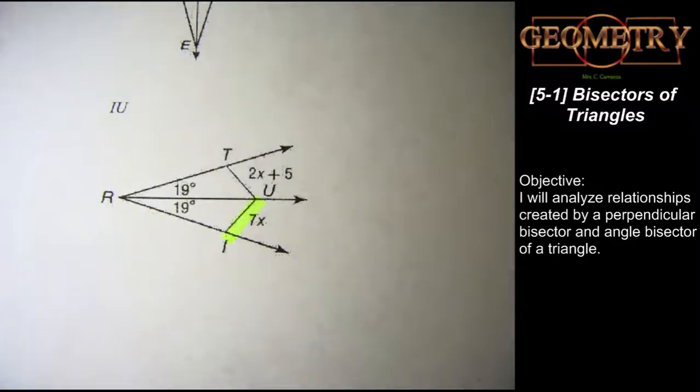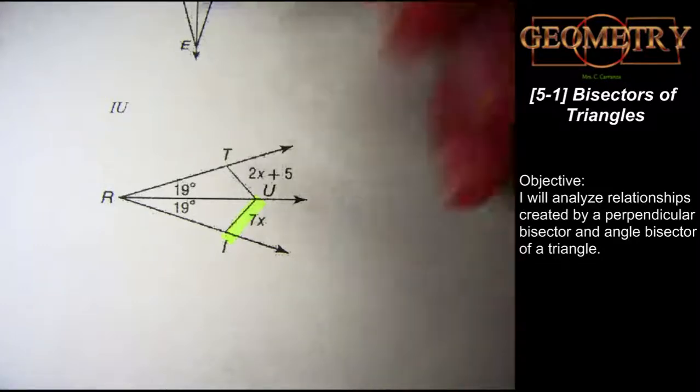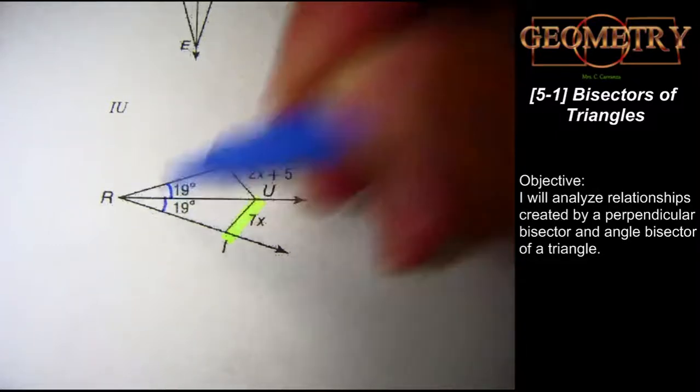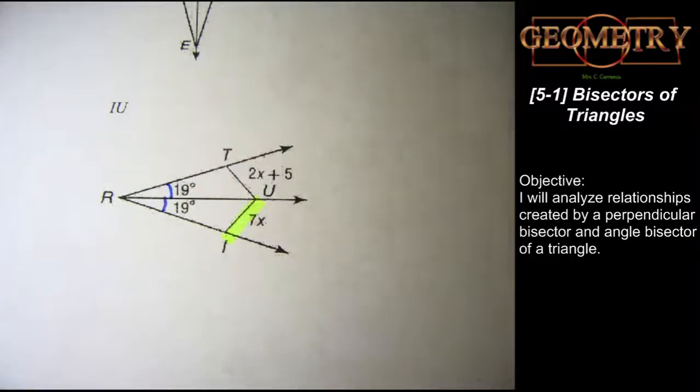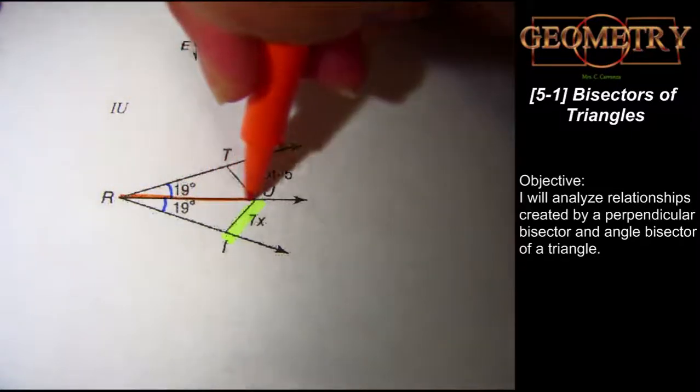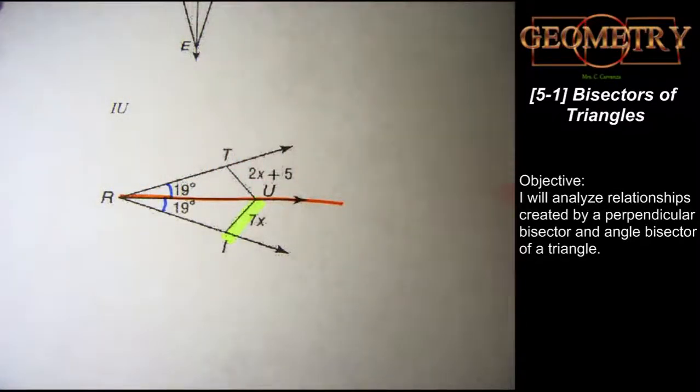What do I notice? That angle TRU and angle URI are congruent. If those angles are congruent, what kind of line does that make ray RU? Perpendicular. An included line.